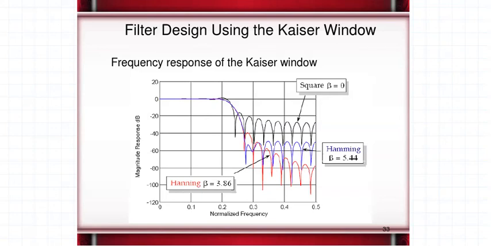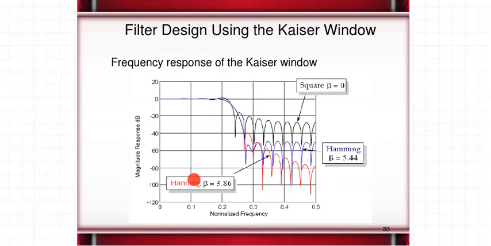If you make your beta value 0 in the Kaiser window, you get characteristics very similar to the rectangular window. If you keep your beta value as 5.44, you get characteristics very close to the Hamming window. If you keep your beta value as 3.86, you get characteristics very similar to the Hanning window.